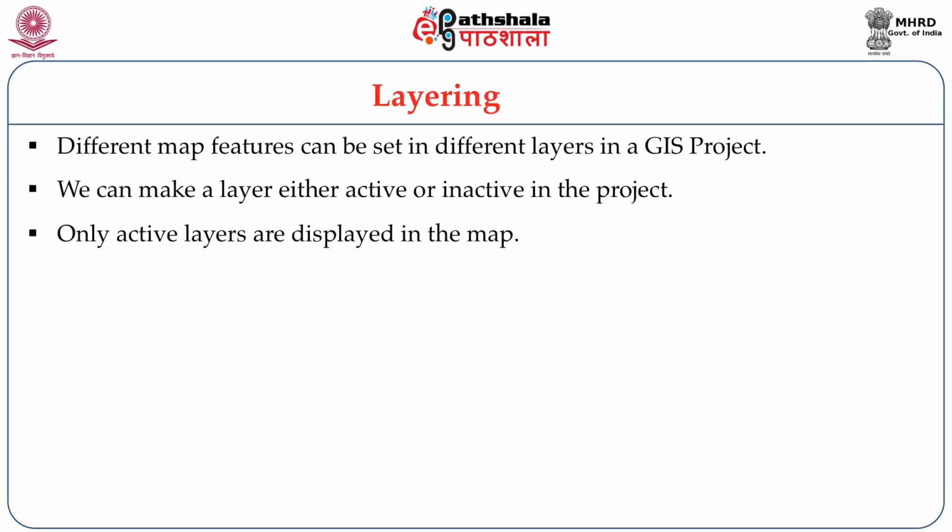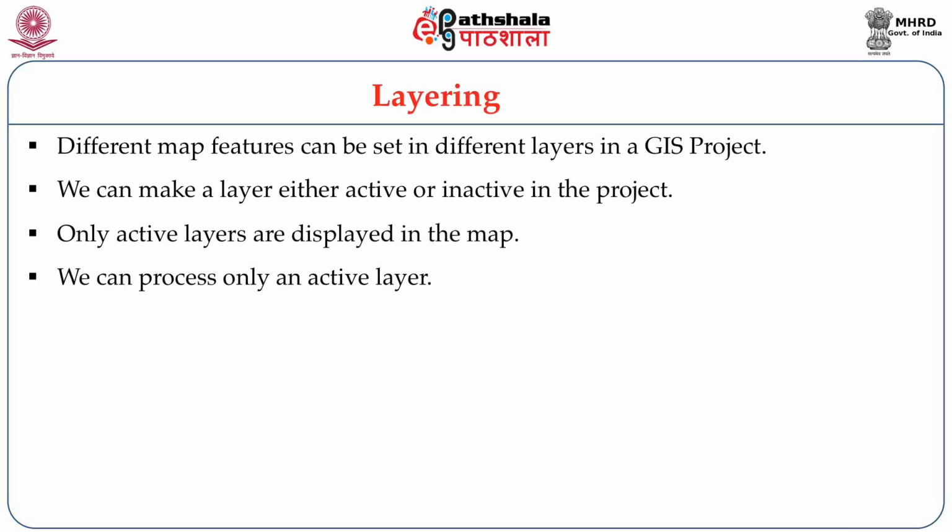So only an active layer is displayed in the map. If we make a particular layer with some features inactive, then it won't be displayed in the map. And also we can process only an active layer.